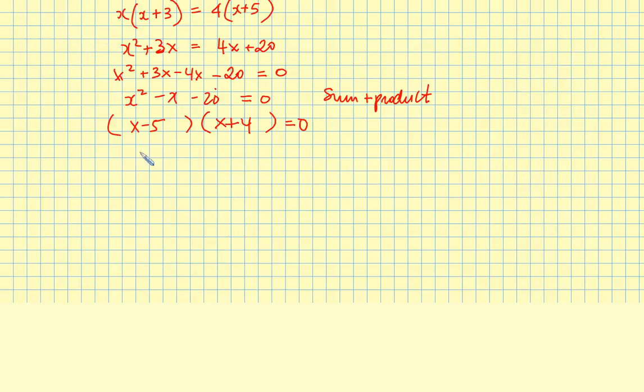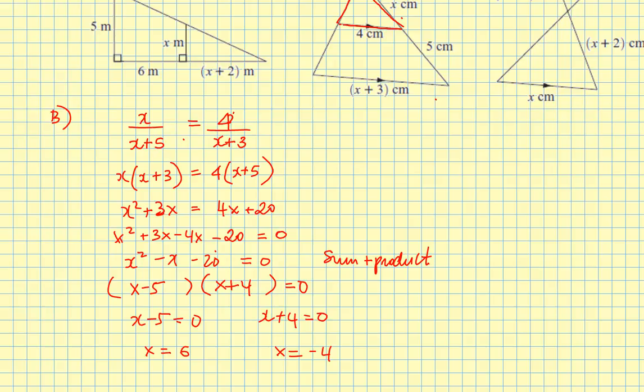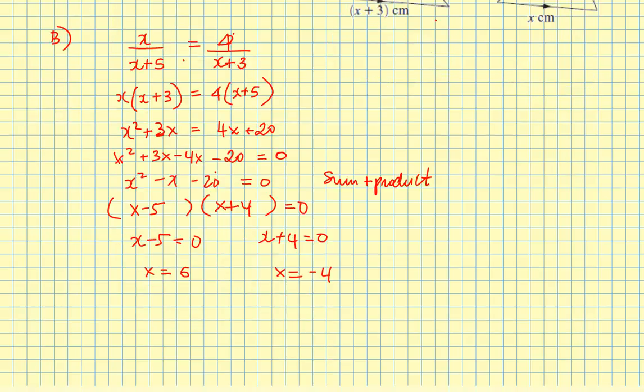Now from here, I would use my null factor law and say that x minus 5 equals 0 and x plus 4 equals 0, so that x would be 5 or x would be negative 4. Keeping in mind that our value of x cannot be a negative number, I'm going to have to disregard x equaling negative 4 as a possible answer, and therefore my value of x will only equal 5.